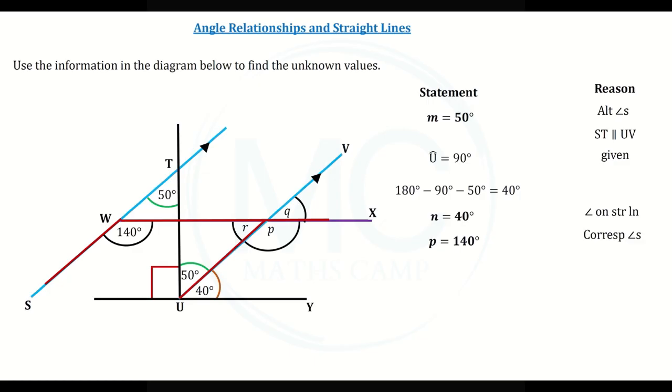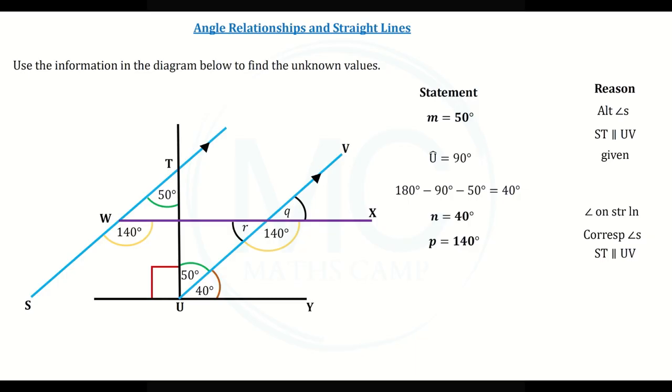We know that these are corresponding angles because line ST is parallel to UV. Now we can take the red F out. Let's also make our 140-degree angle yellow. P is also 140 degrees. So let's make this angle yellow as well. Now we can take out P and write in 140 degrees.